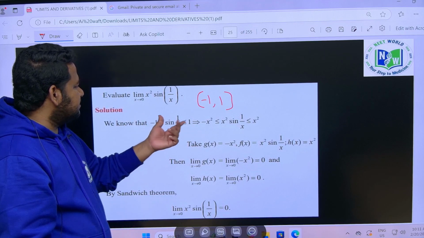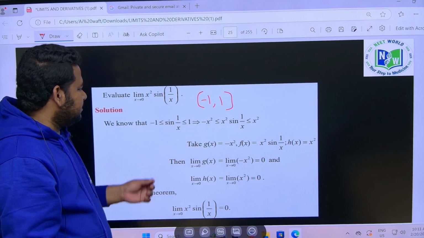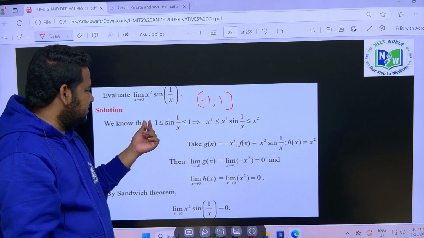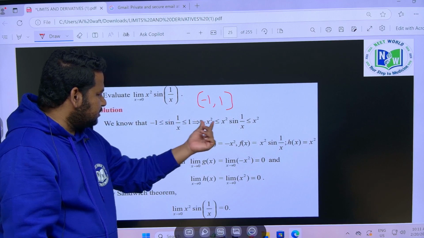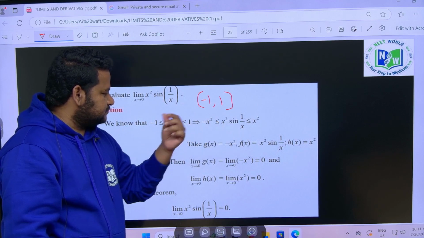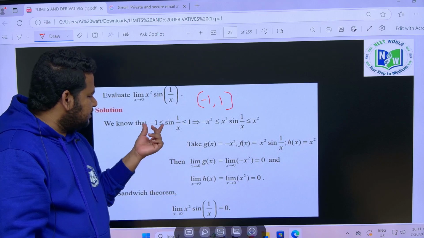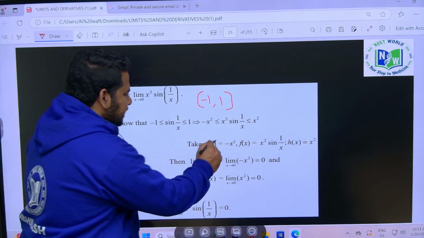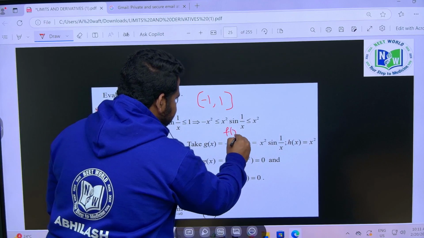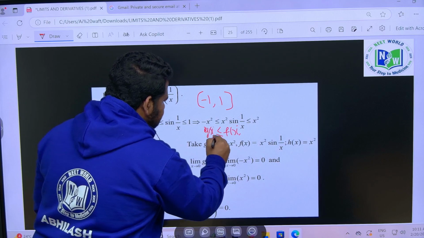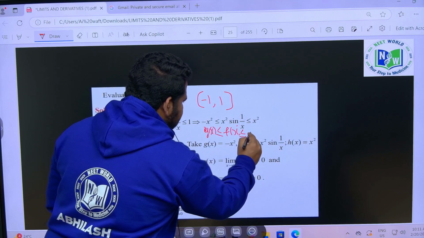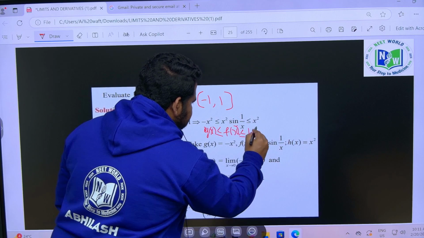Now if I multiply both sides by x square, this will be -x square, this will be x square sin of 1 by x, and this will be x square. As per the sandwich theorem, this will be f of x greater than or equal to g of x, and less than or equal to h of x.